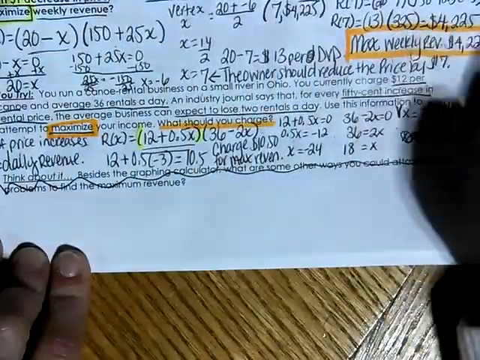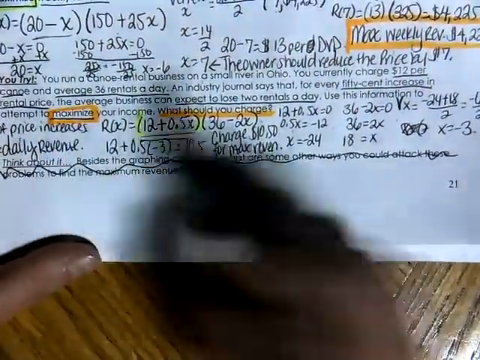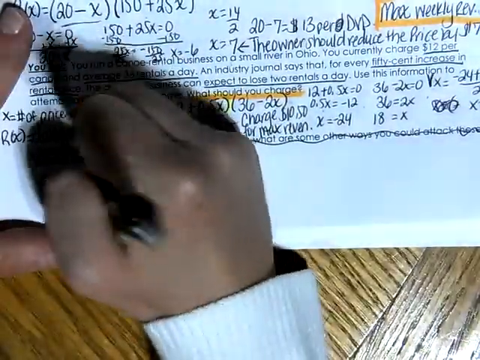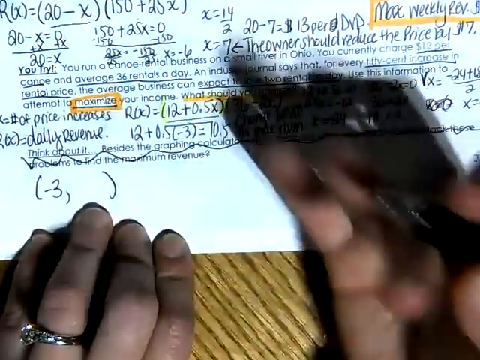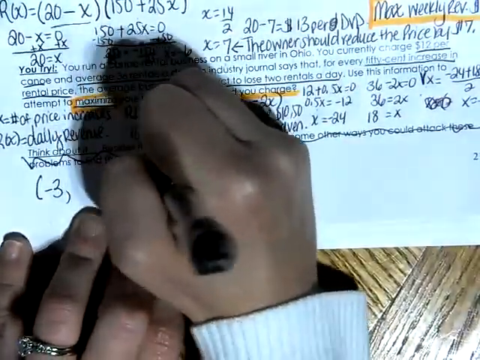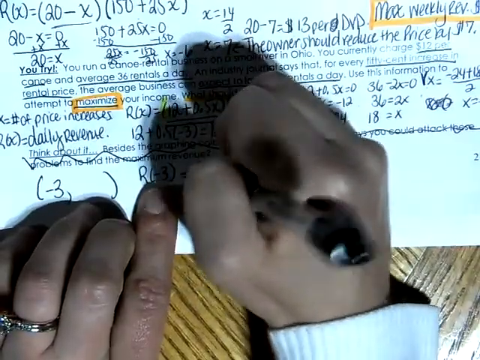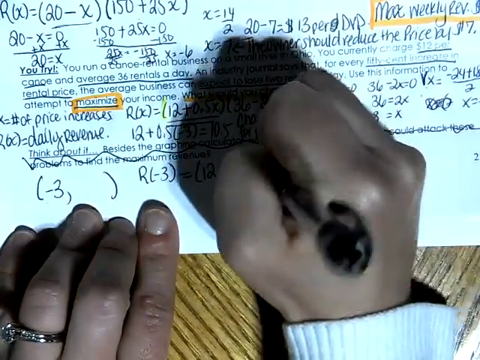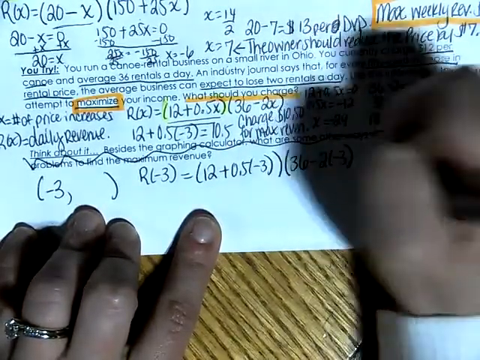Now for fun, I'm just going to skip this part right here. Let's go ahead and find out what that maximum revenue would be. So far, I know that my vertex x is negative 3, and let's find the y part of that vertex. r of negative 3 is equal to 12 plus 0.5 times negative 3, times 36 minus 2 times negative 3.